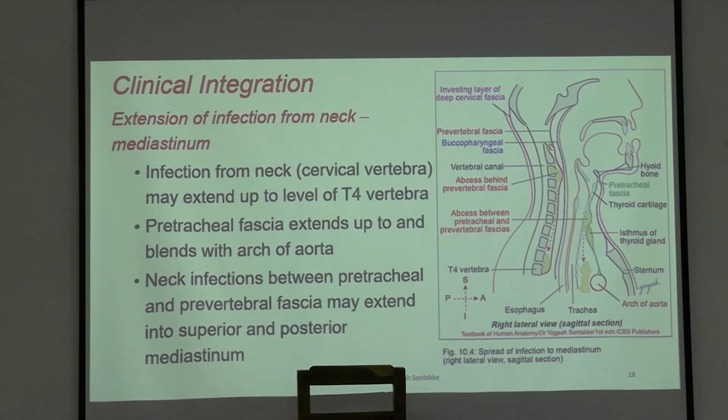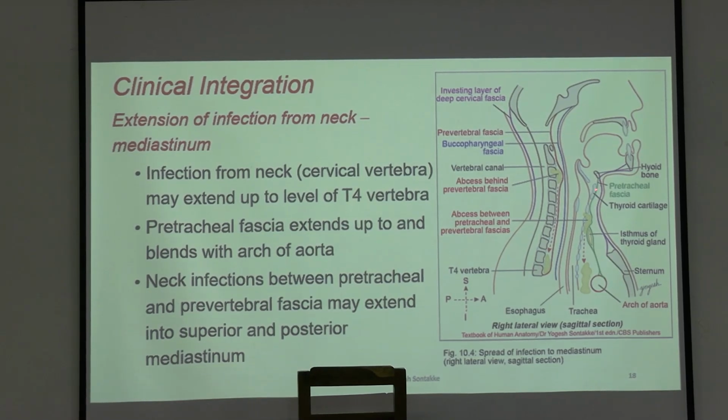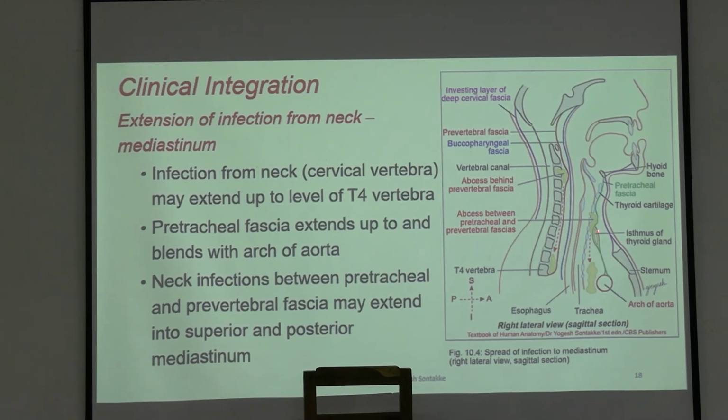This prevertebral layer is not confined to the neck. It goes down and it is attached to the fourth thoracic vertebra. Similarly, pretracheal layer comes down. It goes below the thyroid.